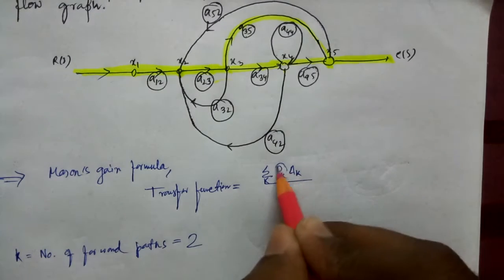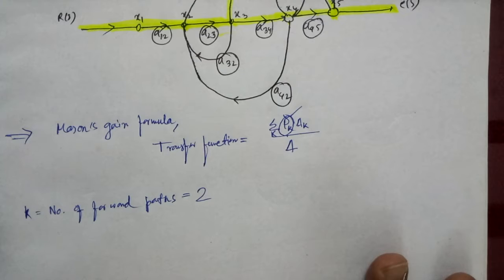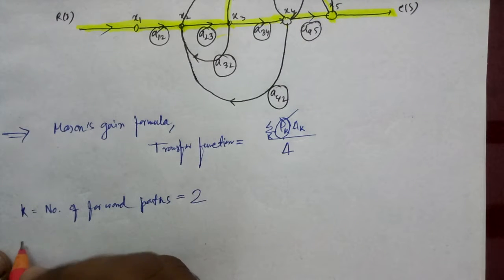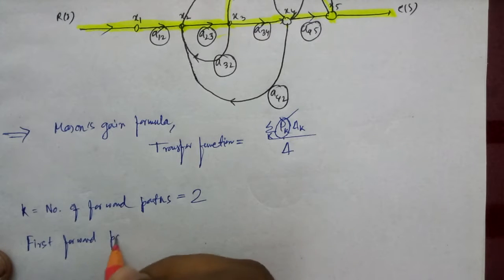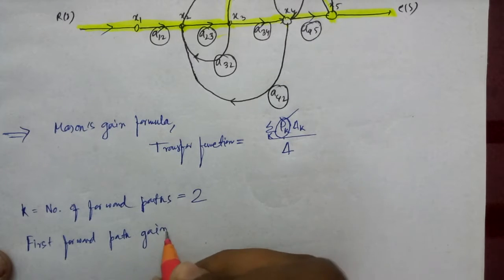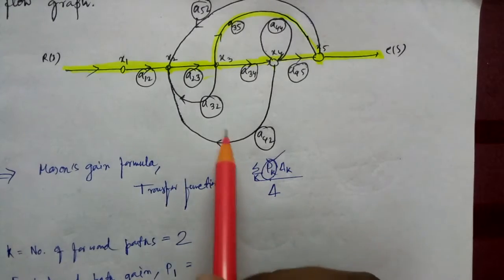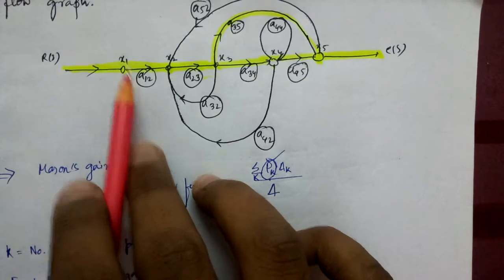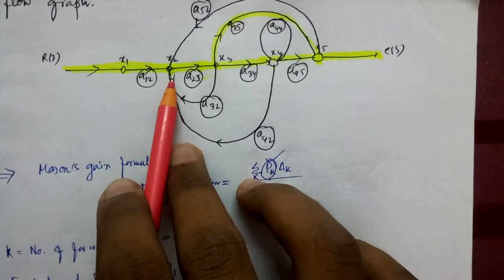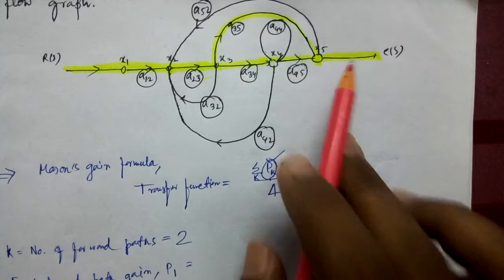Now Pk is the kth forward path gain. The first forward path gain, P1, is the product of the individual gains of each branch: x1 to x2 is a12, x2 to x3 is a23, x3 to x4 is a34, and we have to multiply them.